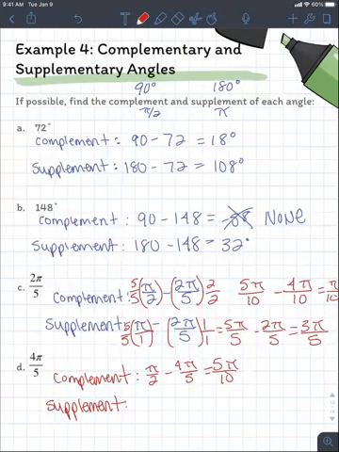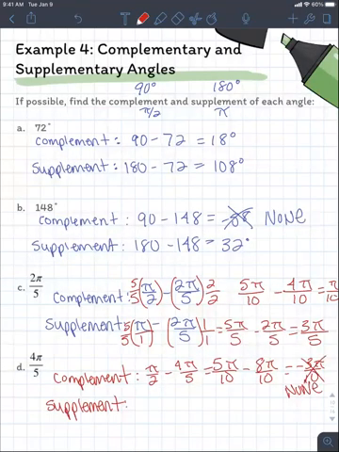I feel like I should just write the work. Okay, see, this is why you don't do work in your head, which gives us negative 3 pi over 10. So we would say none because we can't have a negative number.